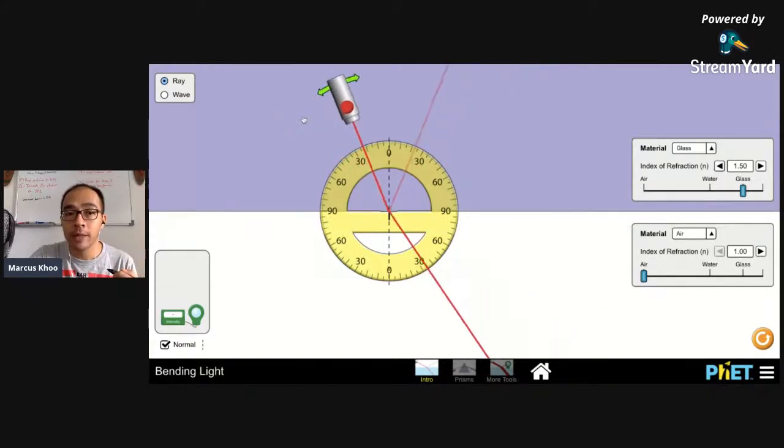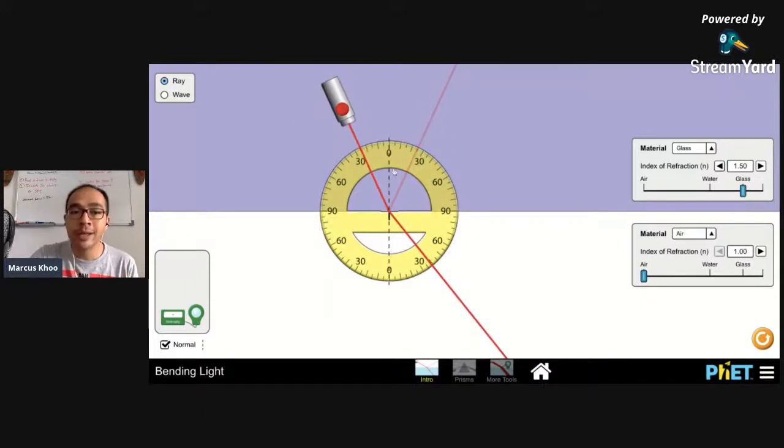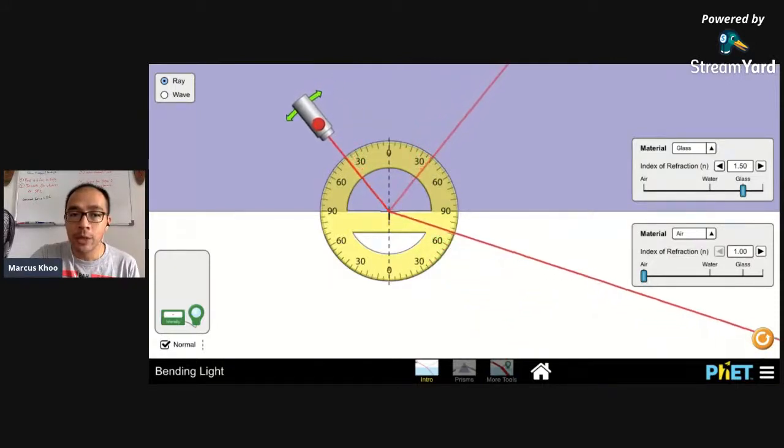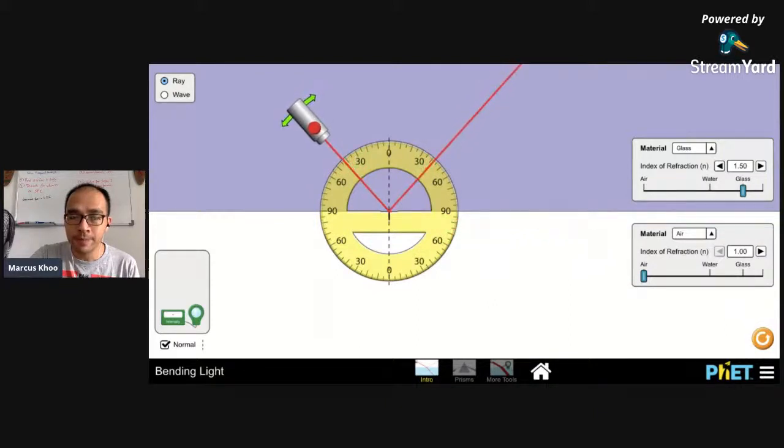I repeat. Look, everything becomes bigger. The angle of refraction becomes bigger, and the angle of reflection also becomes bigger. After the critical angle, we know that at the critical angle, over here is the refracted ray.